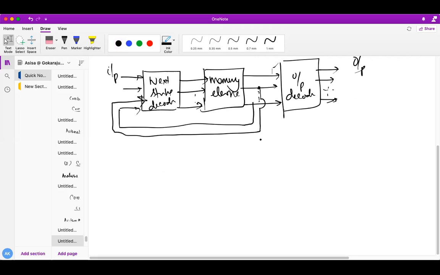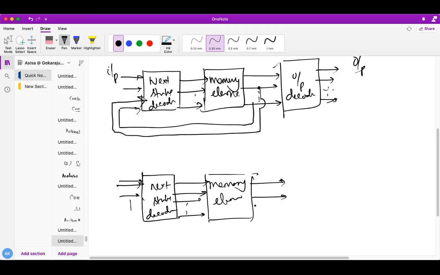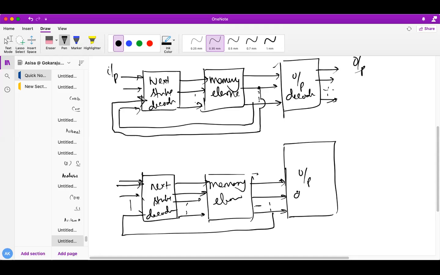But in the case of the Mealy circuit, how is it? Please see the difference. This is my next state decoder, and these are my memory elements. It goes to the memory element, and a few of them will get feedback, and finally this will go to the output decoder.